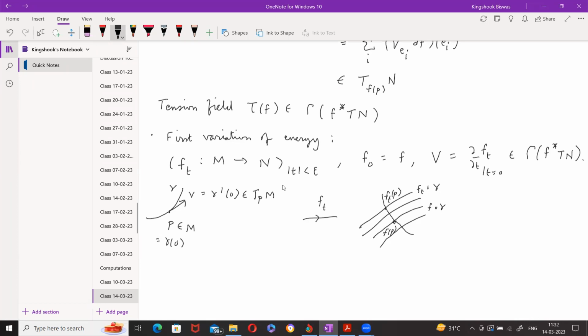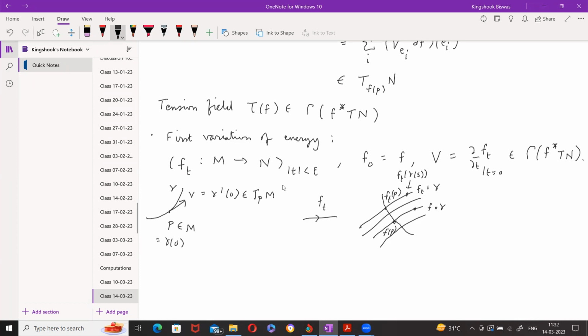Okay. And in general, what you have here is a parametrized surface, right? So a point here or here would be of the form f_t of gamma of s.